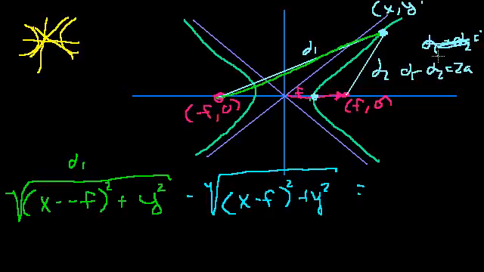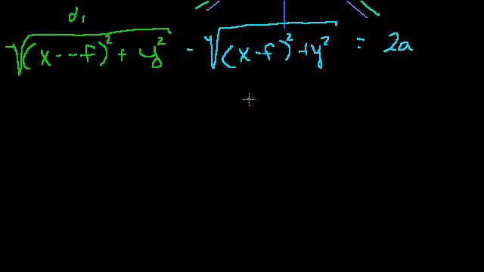And what does that equal? Well, we said that equals this distance right here, so that is equal to 2a. Now let's see if we can simplify this at all. An interesting thing to do might be to put this on the other side of the equation. And this can get hairy, so I really hope I don't make any careless mistakes. So this becomes, and I might write small to save space.